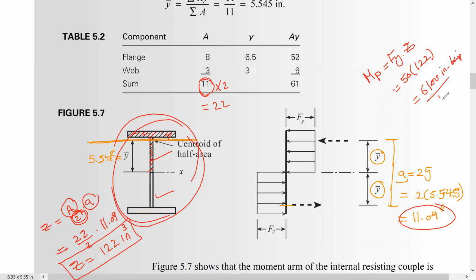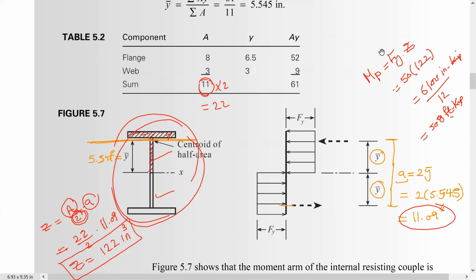If you divide this by 12, you will get 508 foot kip. In SI units, we have Newton meter and so on. So here this is kip foot, or we can use kip inch, same thing. So by this, we calculated the elastic section modulus, plastic section modulus, yield moment, and plastic moment.